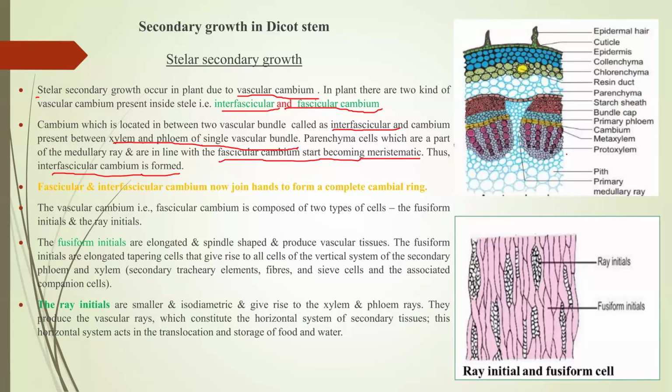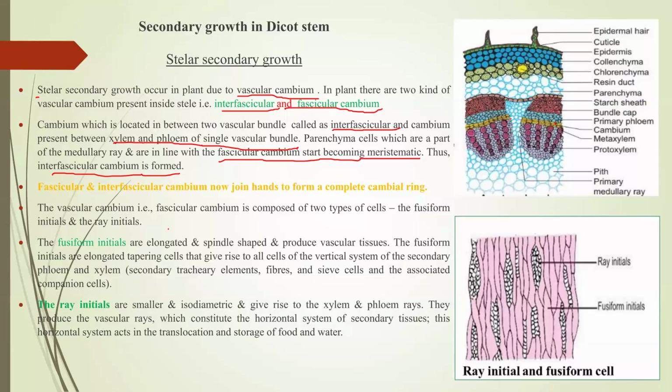So, intra and inter. The intravascular cambium cells become active, and the intervascular cambium forms between bundles. These two now join hands to form the complete cambium ring.